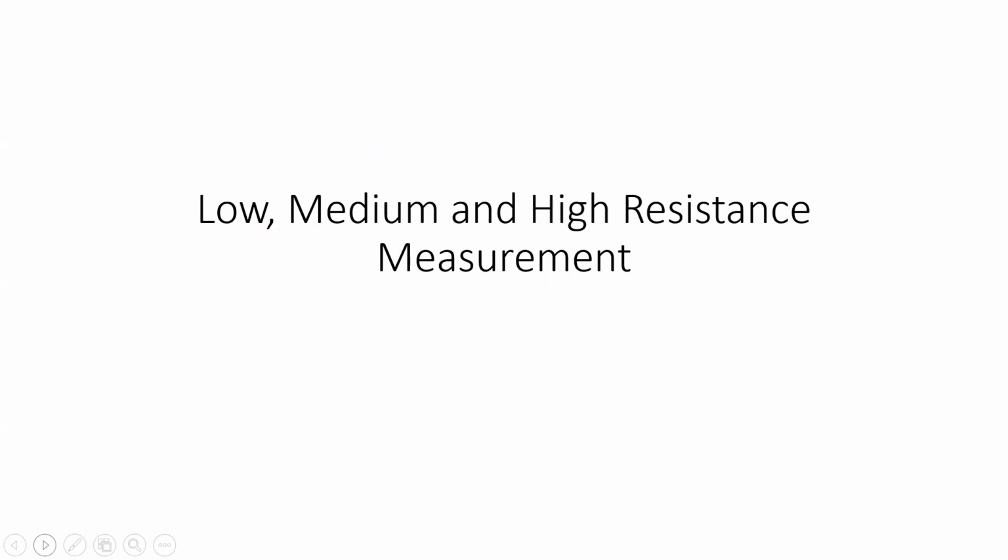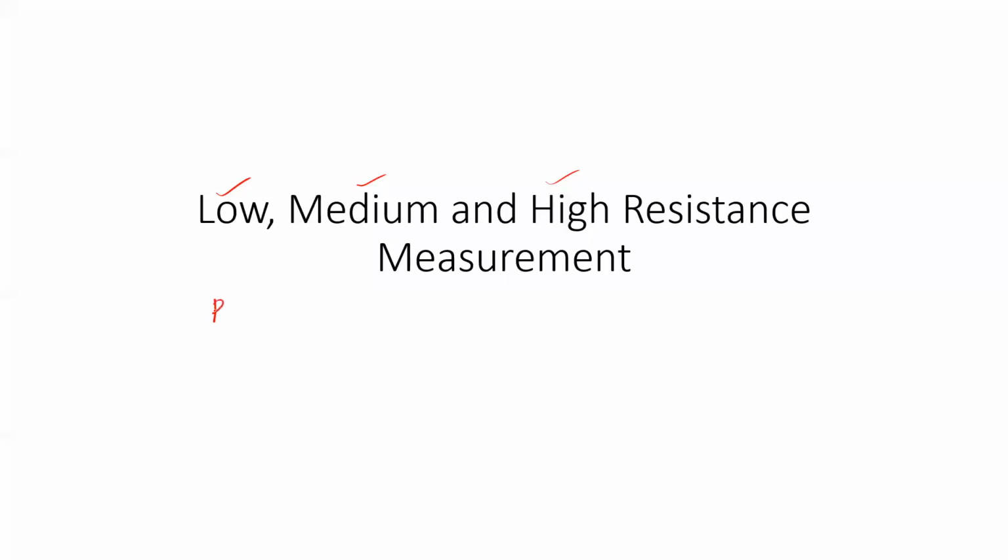Okay, in our next topic, we are going to discuss the measurement of resistances. So, different ranges of resistances: high, medium, or low range resistances. They are normally classified depending upon their values.